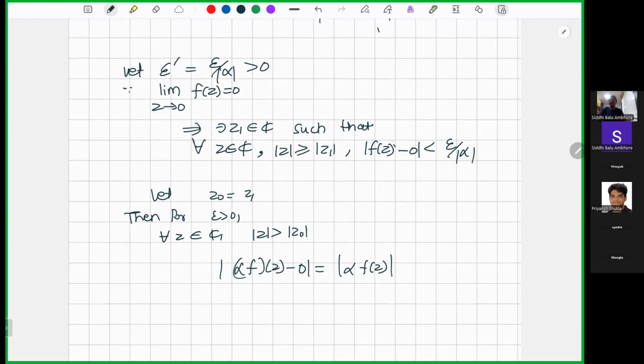For these inequalities, everything must be real, okay? You can't talk about order in complex numbers.